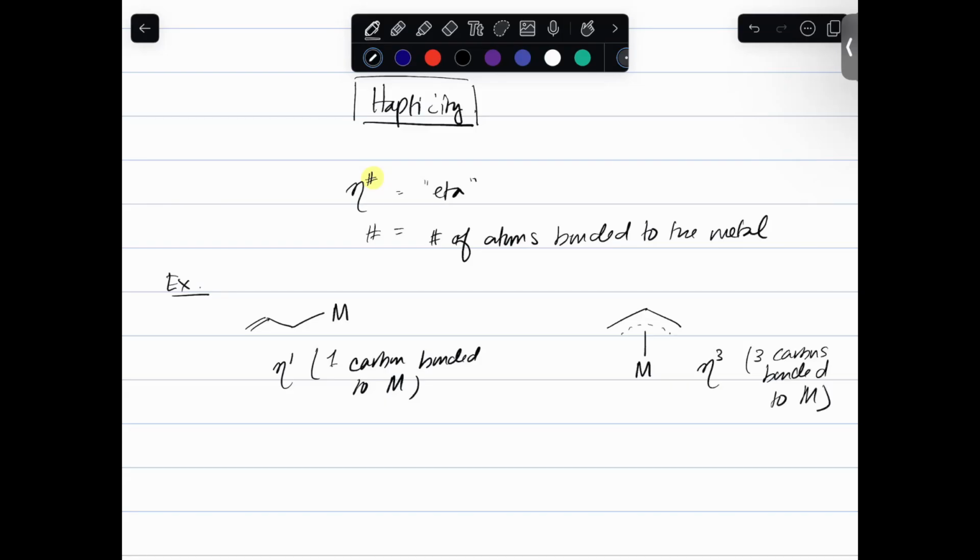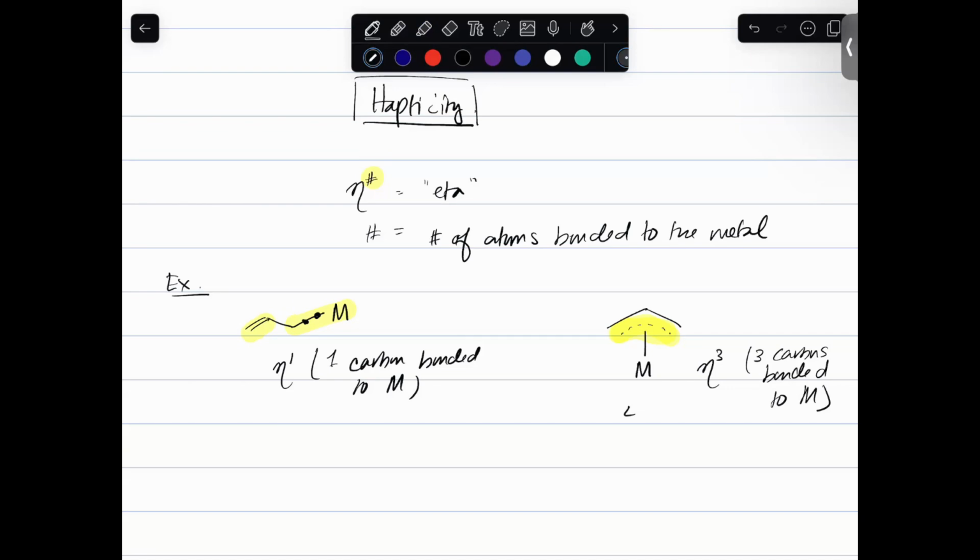Now, what I want you to note is that in this case, 2 electrons are bonded to the metal, and in the other case you have not only the 2 electrons, but you have the double bond as well, bonded to the metal, for a total of 4 electrons.